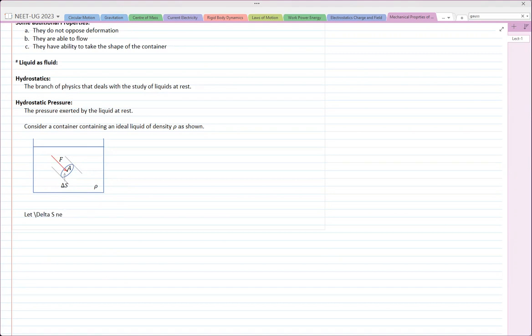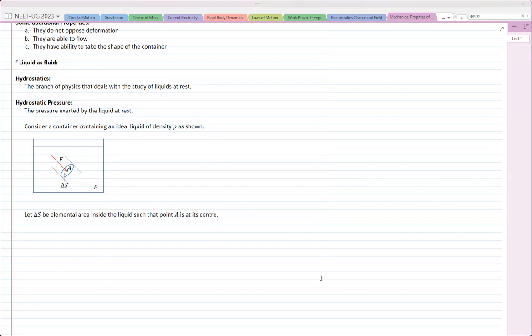Let delta S be elemental, पता है ना एलिमेंटल का मीनिंग, elemental area, ठीक है, inside the liquid such that point A is at its center. ठीक है ना, तो वो जो delta S है, that delta S is our elemental area inside the liquid with point A at its center.